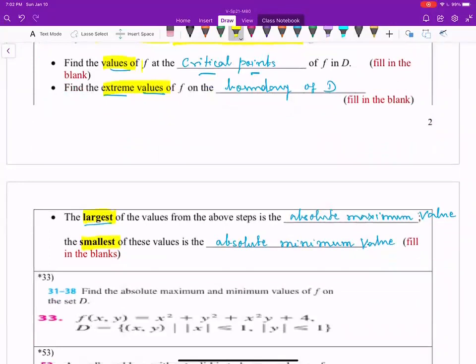So let's say you get extreme values on the boundary, and also you have found the values of f at the critical points. So in these two steps, you have several values. The largest of these values from these two steps is the absolute maximum value. The smallest of the values in step one and step two would be the absolute minimum value.